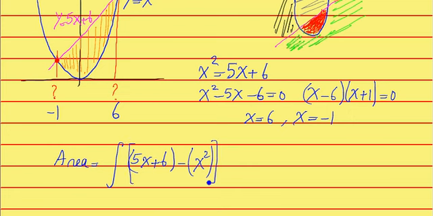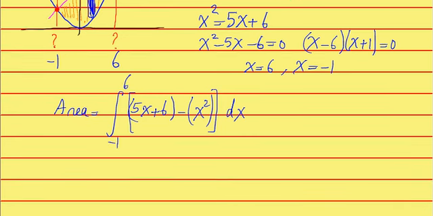This whole thing is going to be like the height of one of these rectangles. If you want to cut this up in one rectangle, that's how tall that is. The width of it is going to be dx. Starting point is -1, ending point is 6, and now we are done with 80% of the problem. Now we progress from here.